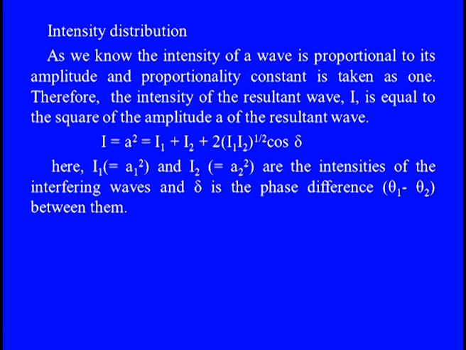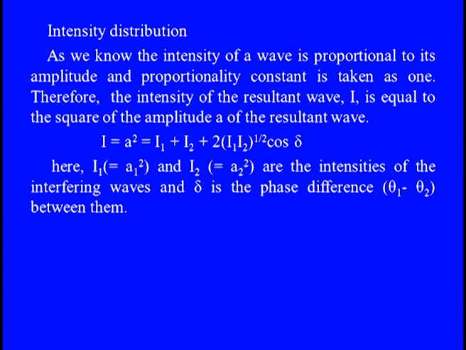Therefore, the intensity of the resultant wave I is equal to the square of the amplitude A of the resultant wave. So we can write the intensity of the resultant wave I equal to I1 plus I2 plus 2 into root of I1 into I2 into cos delta.